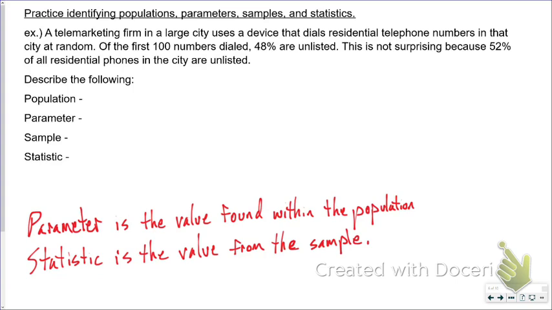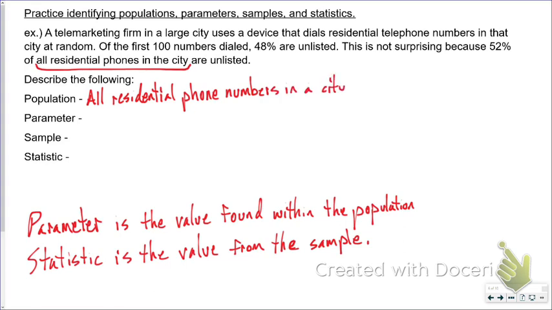So first of all, on this example, we're looking at a population of residential phones. It's actually typed right here. All residential, maybe we should write phone numbers. If I just write phones, that doesn't really make sense, right? Phone numbers in a city.